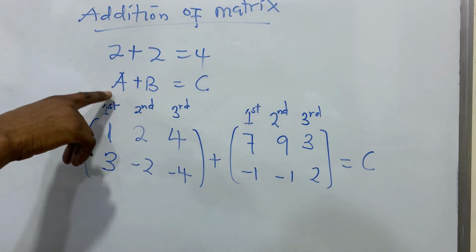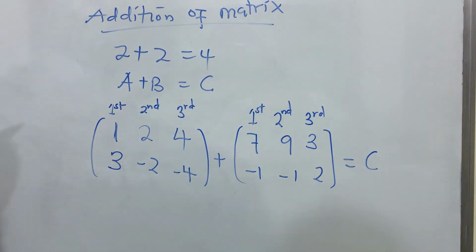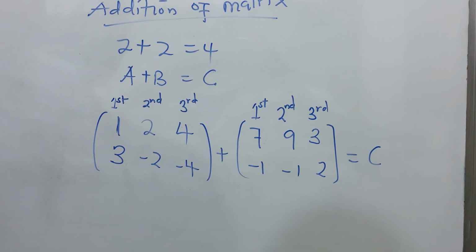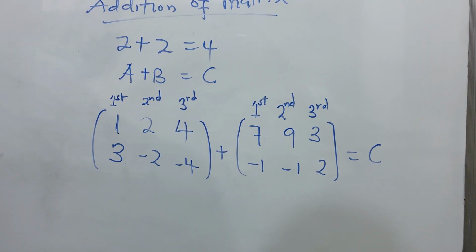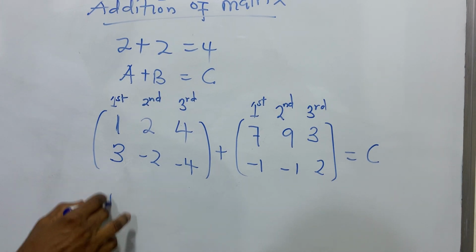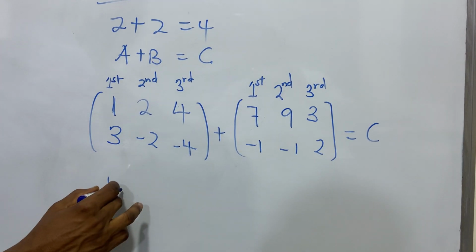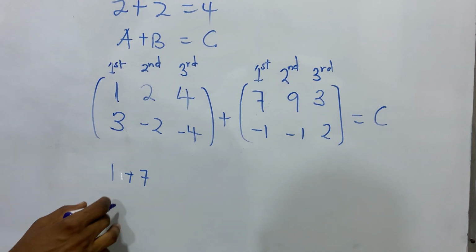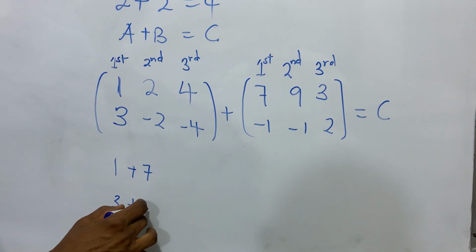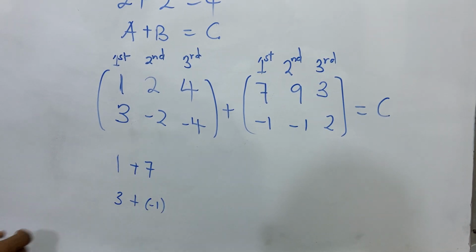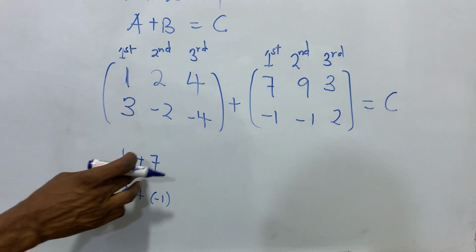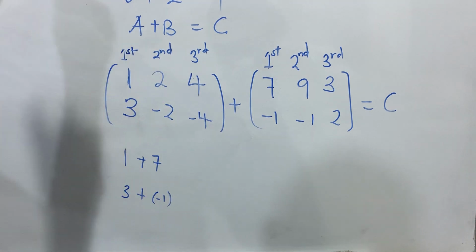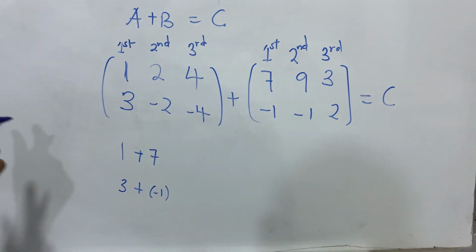So you pick the first row, add to the first row of the second matrix. So you'll be 1, we'll go with 7, 1 plus 7. Then you also have 3 plus minus 1. So the summation of this and this will give you 1 element in the matrix.